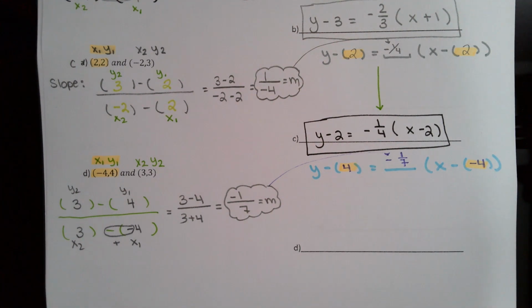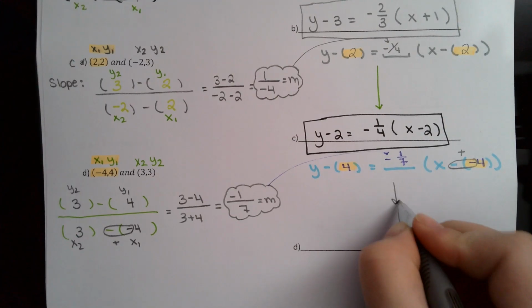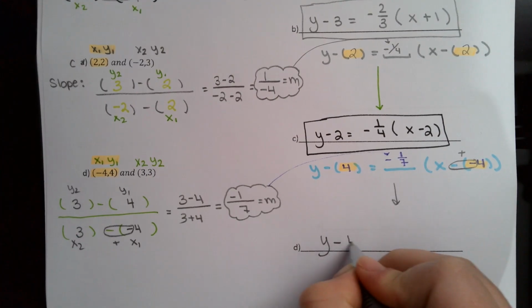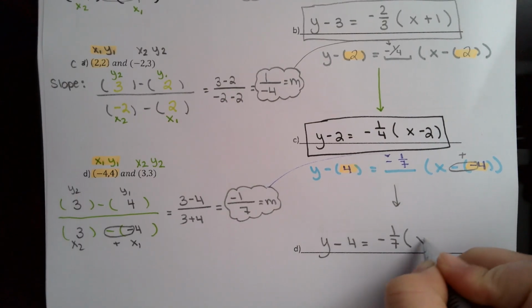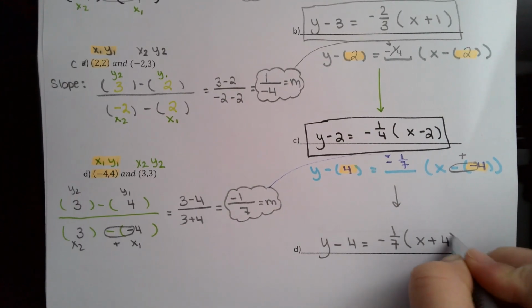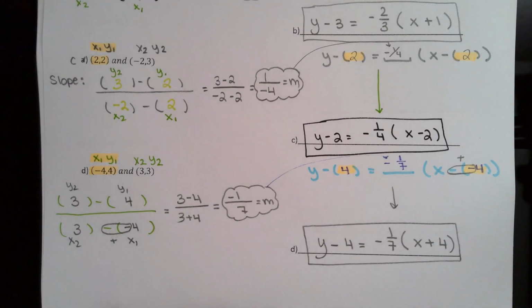Do I have any double negatives? Yes, double negative here. So we have y minus 4 is equal to negative 1/7, open x plus 4, close it. This is your equation. Okay, moving on.